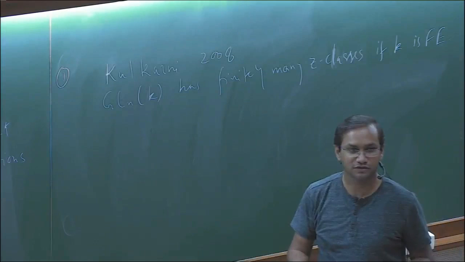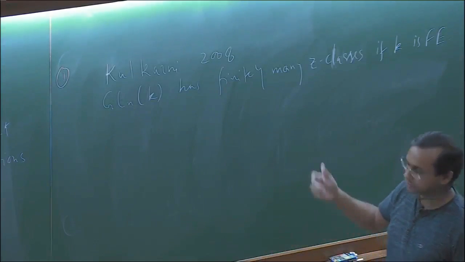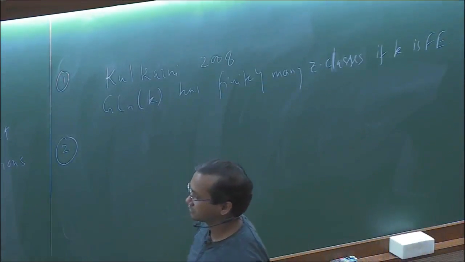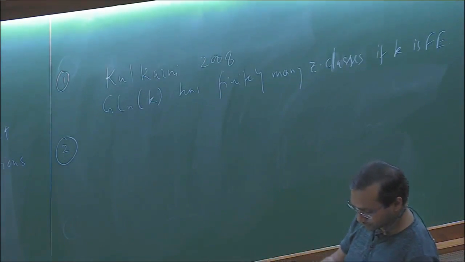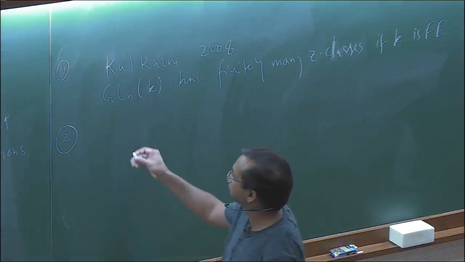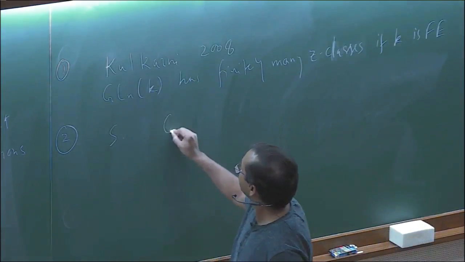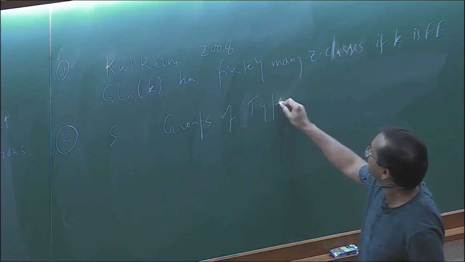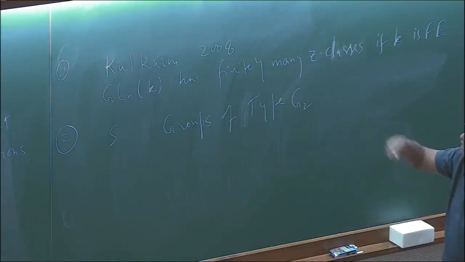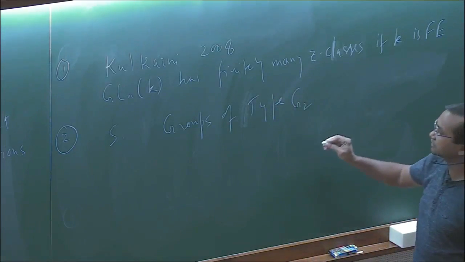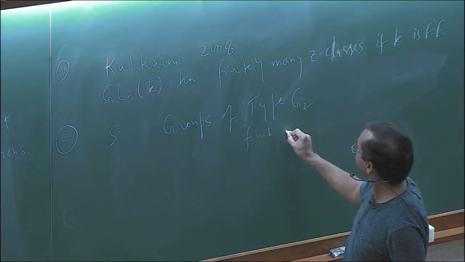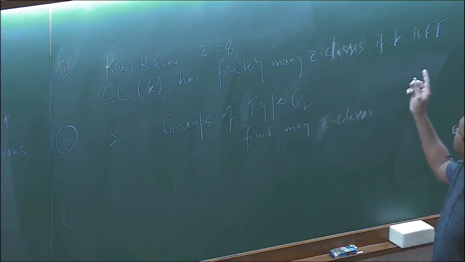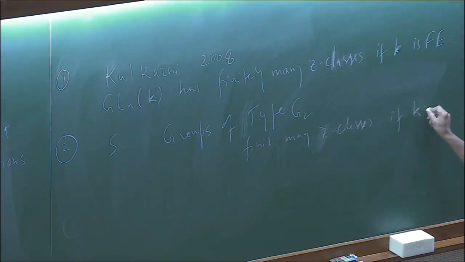This can also be checked using Jordan canonical form, basically. Around that time, I was looking at groups of type G2, and this also has finitely many G classes, again with the hypothesis that K is Fe.